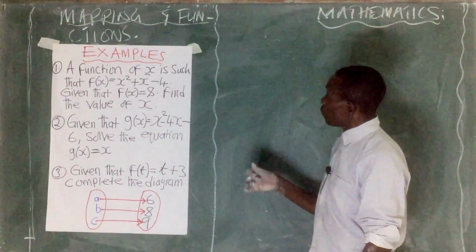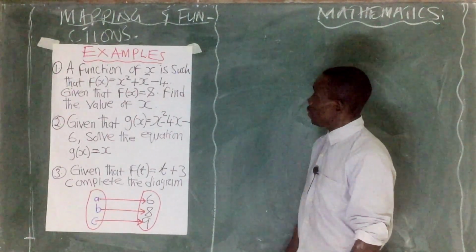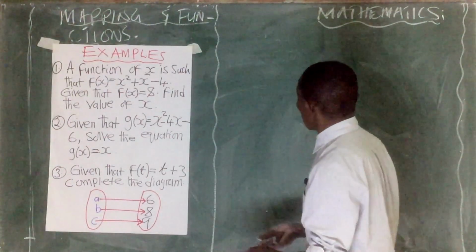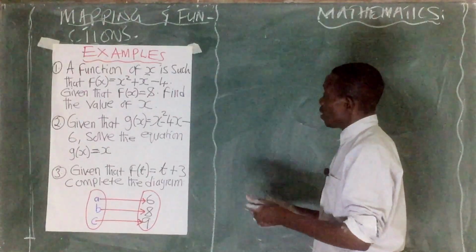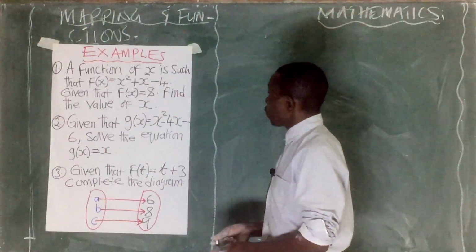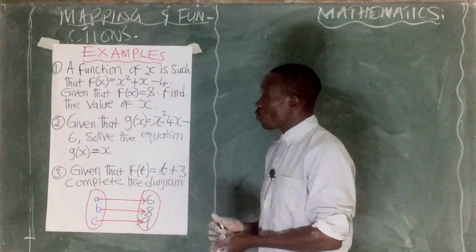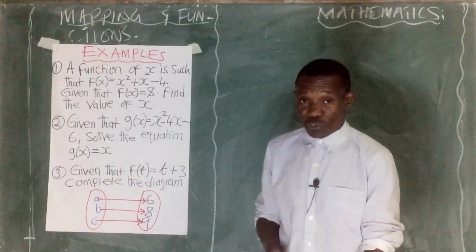So here, what we have is the endpoint of the discussion on mapping and functions. It is the last section, where previously we discussed how best we can find the values of the range given members of a domain.